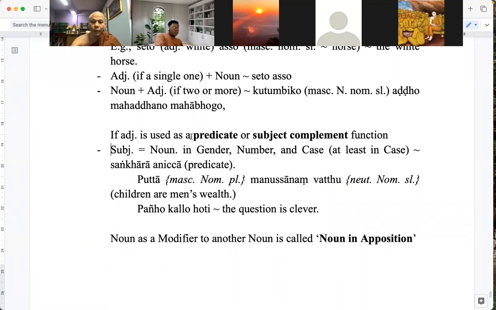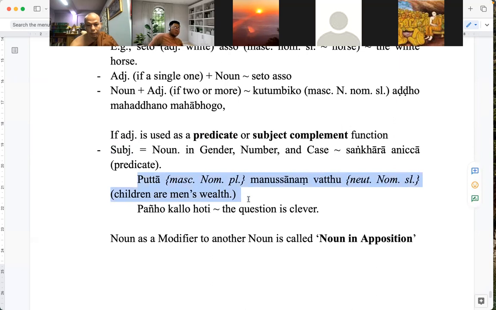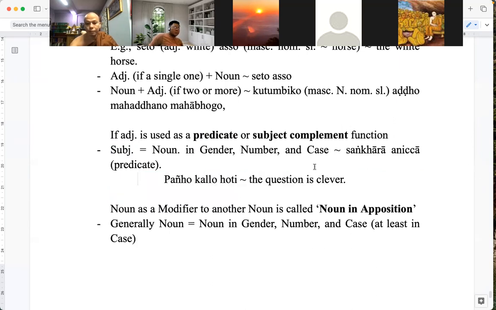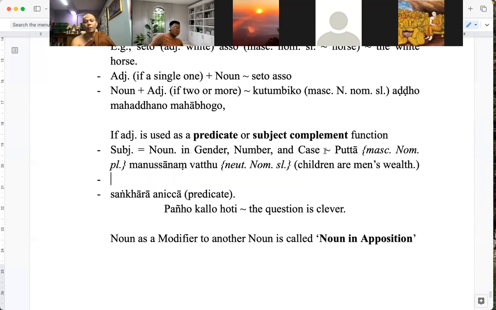If the predicate is a noun, at that time it is the same as the subject in gender, number, and case. Example is this one. Okay, in this way.